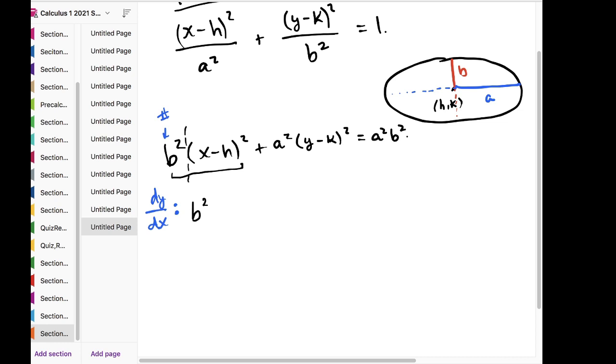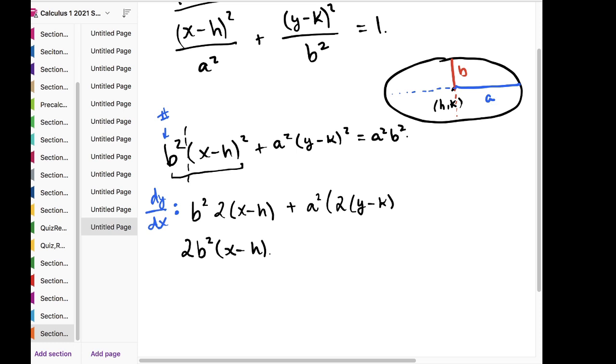So we've done that one before. It's 2(x minus h) times the derivative of x, which is 1, or 2b squared (x minus h). Okay, and then the next one, similar idea. a is a constant, so I can just leave that out, and 2(y minus k).